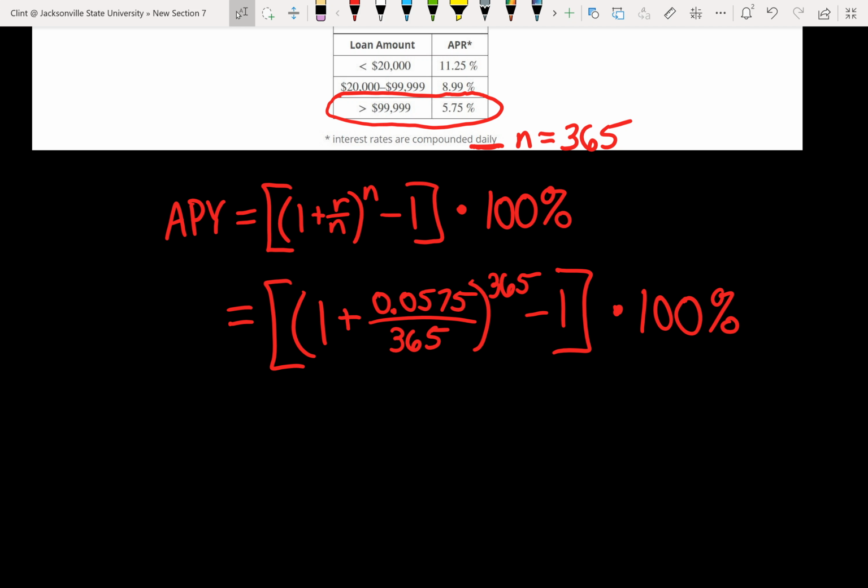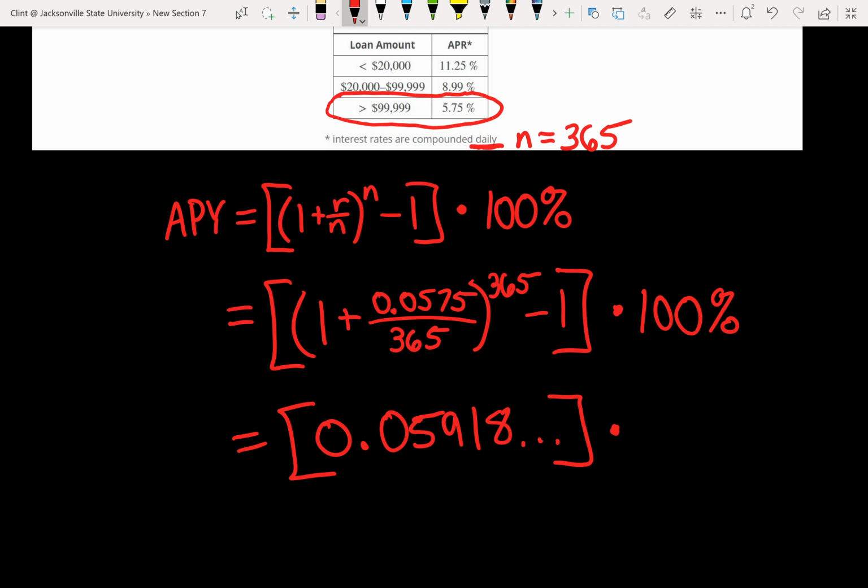So I'm going to do parenthesis 1 plus 0.0575 divided by 365, close parentheses, and I'm going to raise it to the 365 power, hit equal, then I'm going to do minus 1. Okay, so I'm going to give you the number I got there. I get 0.05918, and it goes on and on. You can just leave it in your calculator.